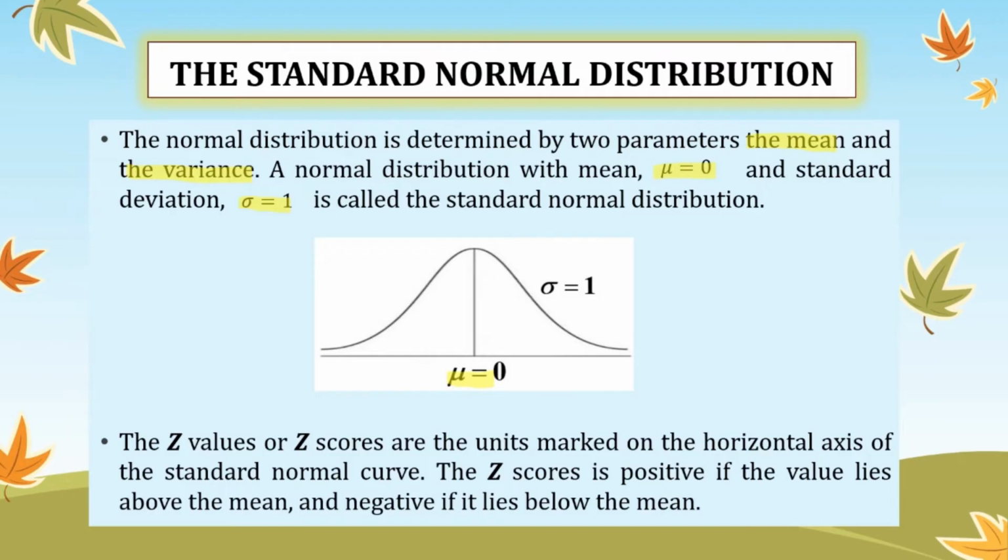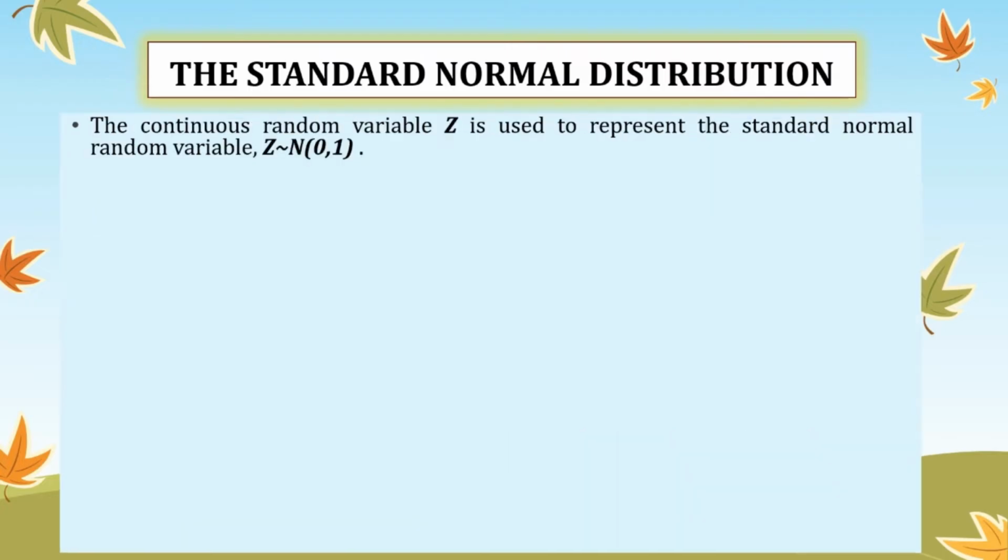The Z values or Z scores are the unit marks on the horizontal axis of the standard normal curve. The Z score is positive if the value lies above the mean and negative if it lies below the mean. The continuous random variable Z is used to represent the standard normal random variable Z with normal distribution 0 and 1.